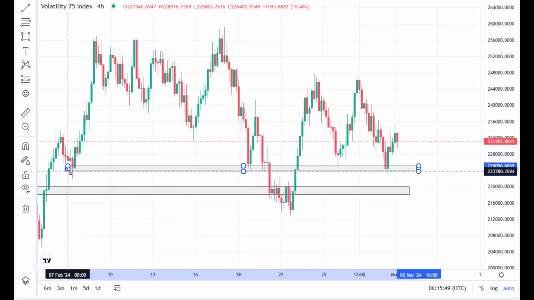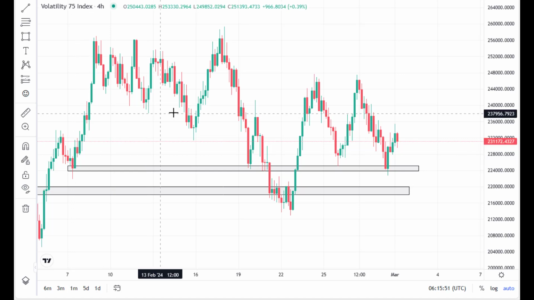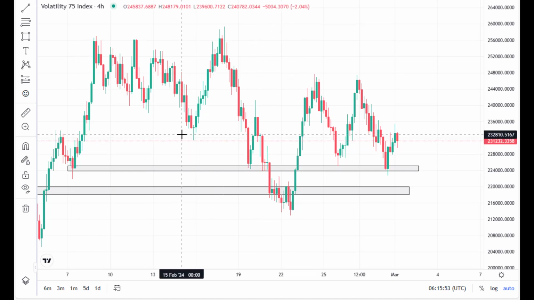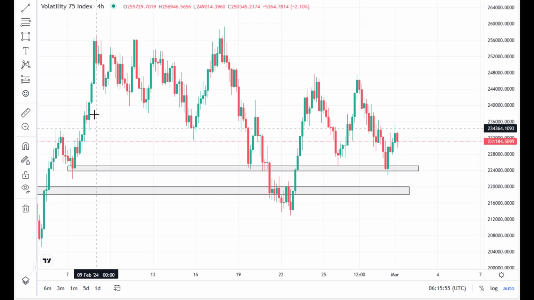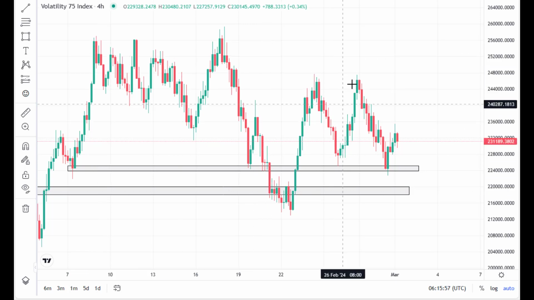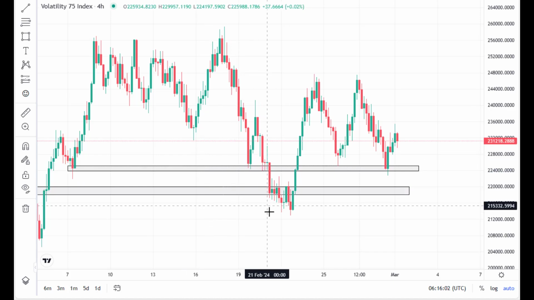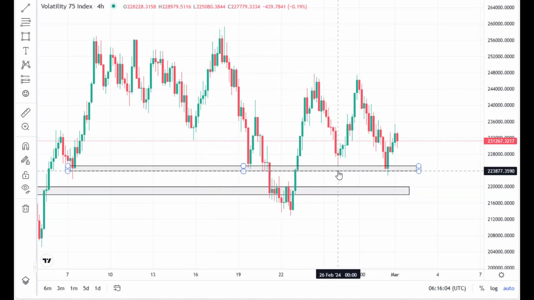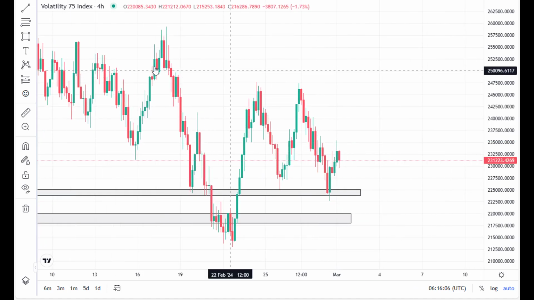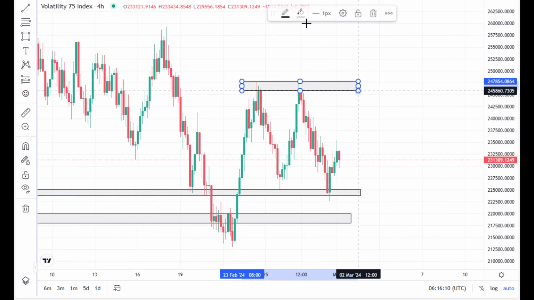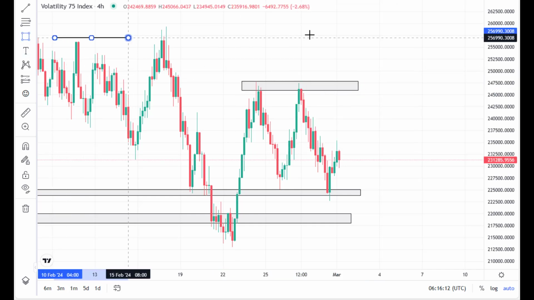When you extend like this, you see that price has been rejecting to this zone here. So basically you can still call this an inverse head and shoulders, which is a reversal, right? You can see this zone here, price rejected, this head broke through, came, got rejected, went up, rejected, and now you can see it has formed what is resistance here, right? We have a resistance, we have a major resistance above there.